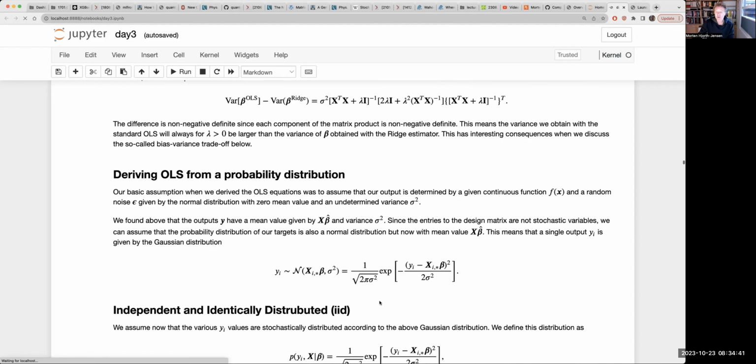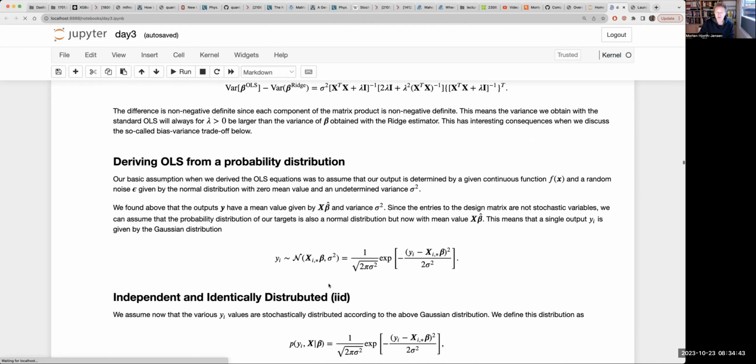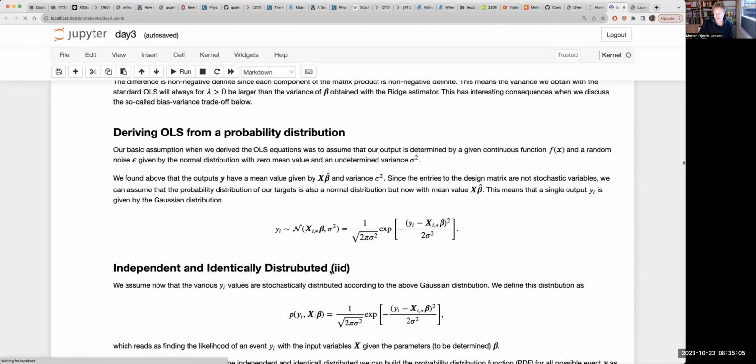Since we assume that the noise is normally distributed, we can then make an assumption that the data, the output, is also normally distributed, whereas X is not affected by these distributions. It's a non-stochastic variable, which does not depend on this distribution here.